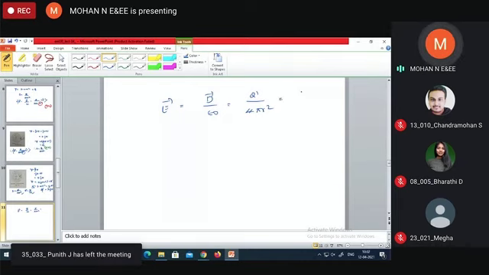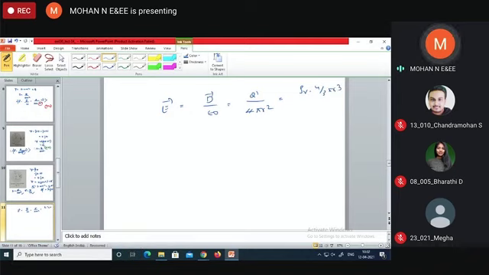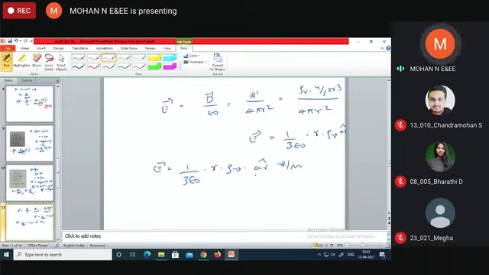Q dash is rho v into 4 by 3 pi r cube, divided by 4 pi r square. If you simplify, you will get 1 by 3 times epsilon naught into r into rho v into a r cap. This is the E vector. I repeat here: E vector is equal to 1 by 3 epsilon naught into r into rho v into a r cap volts per meter.